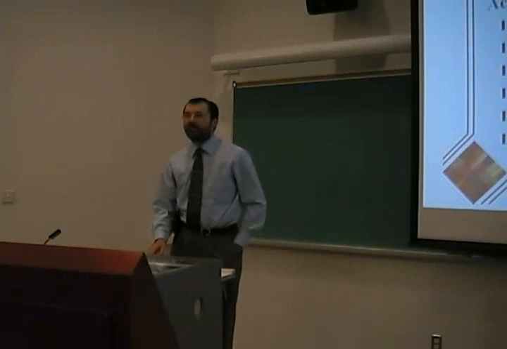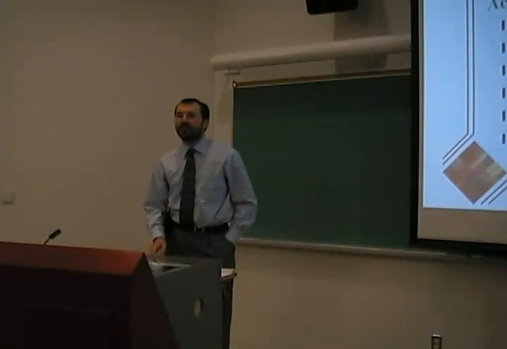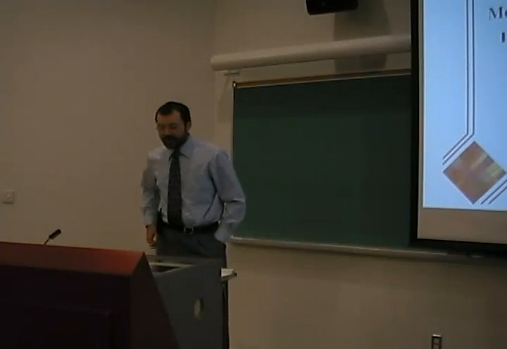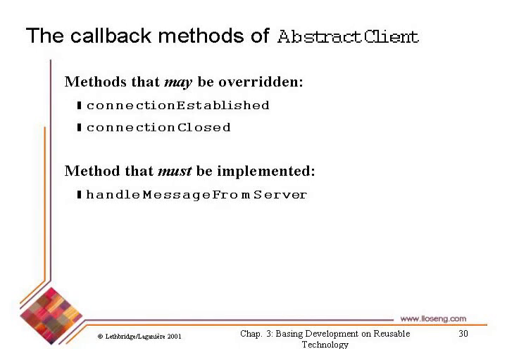So we were looking at the public interface. The public interface is what we call the API, or the set of services that are provided. In addition, we have a couple of methods that are called callback methods that actually do nothing.